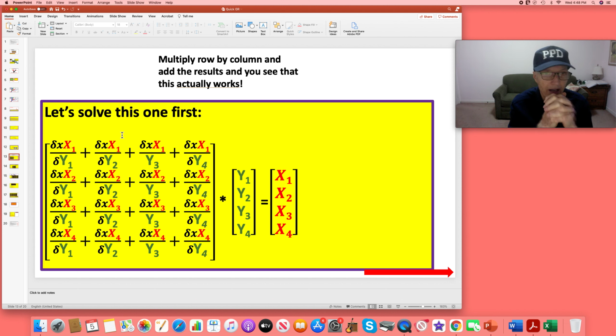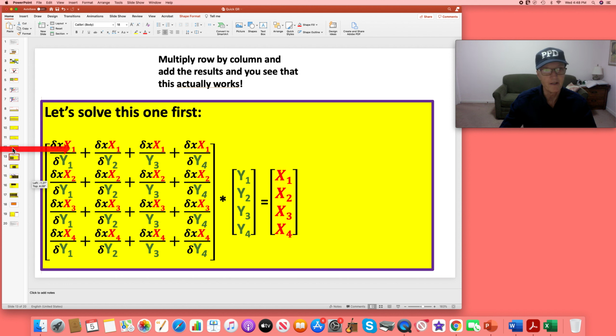Now, I actually came up with this myself. It looks horrible, but when you know what you want, it's actually pretty easy. So just watch how this works. If you take this particular row and multiply it by this column, which is in y's, notice on the top is a delta d.